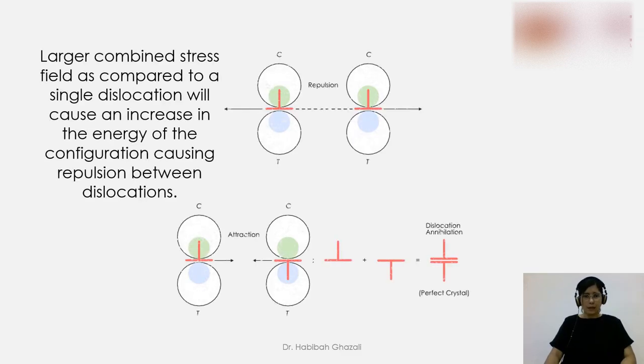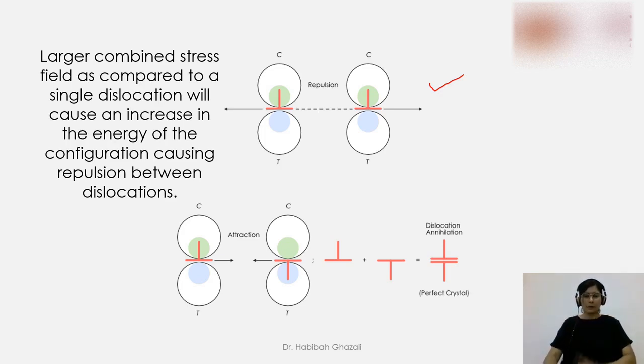So that's the schematic, the one on top here. I'm talking about when the two dislocations are on the same plane and both of the extra half planes are on the top part. It could be both on the top part or both at the bottom part. So they both have what we call the same sign.